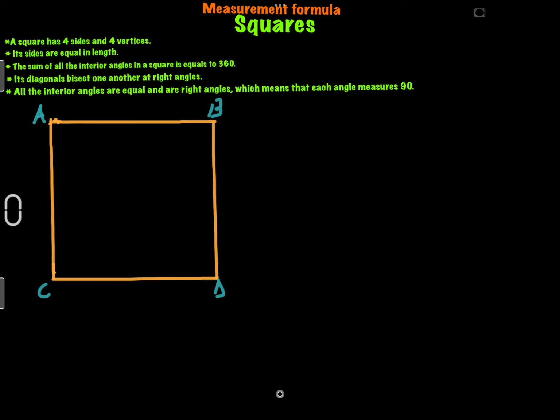Now, when we talk about sides, we know that we have side AB, in other words, line segment AB, which is in fact equal to line segment BD, which is also equal to line segment CD.